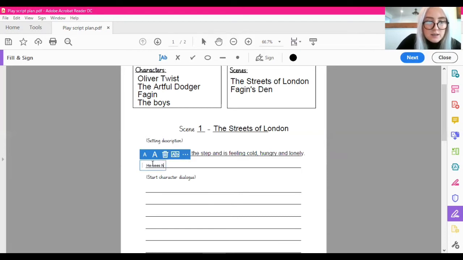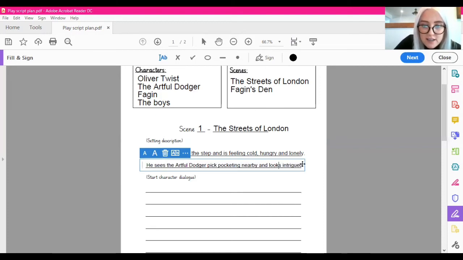He sees the Artful Dodger pickpocketing nearby and looks intrigued. So that is our setting description.